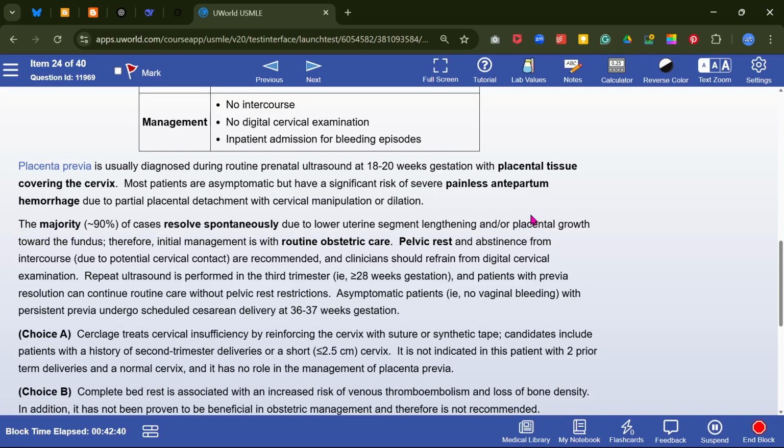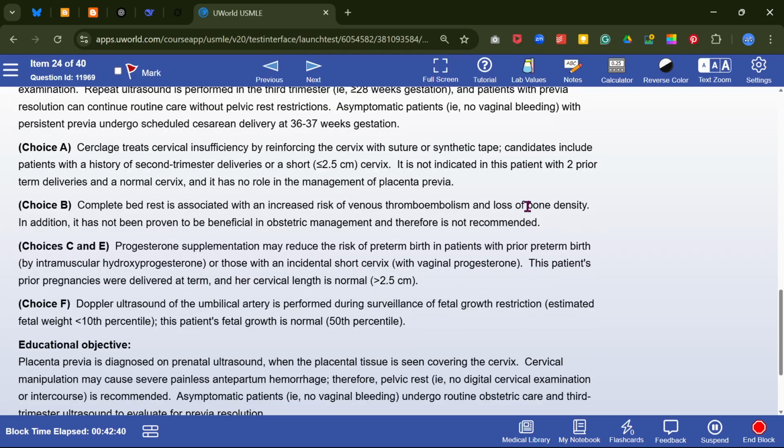Asymptomatic patients with no vaginal bleeding with persistent previa should undergo cesarean delivery at 36 to 37 weeks of gestation. 36 to 37 weeks. Yes. Progesterone supplementation may reduce the risk of preterm birth in patients with prior preterm birth by intramuscular hydroxyprogesterone, or those with incidental short cervix with vaginal progesterone.